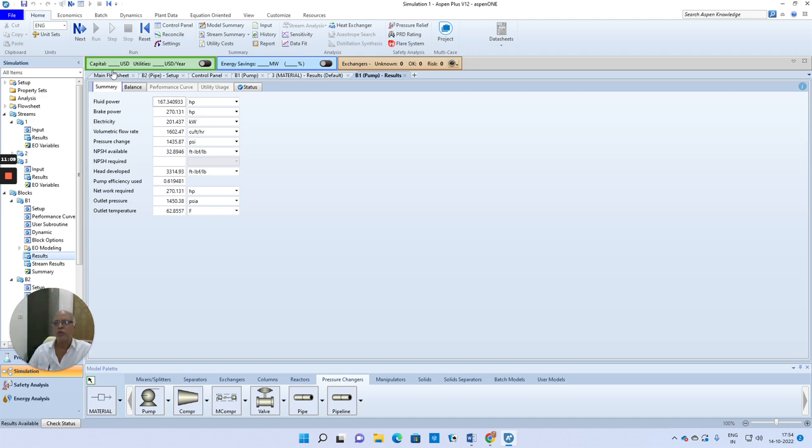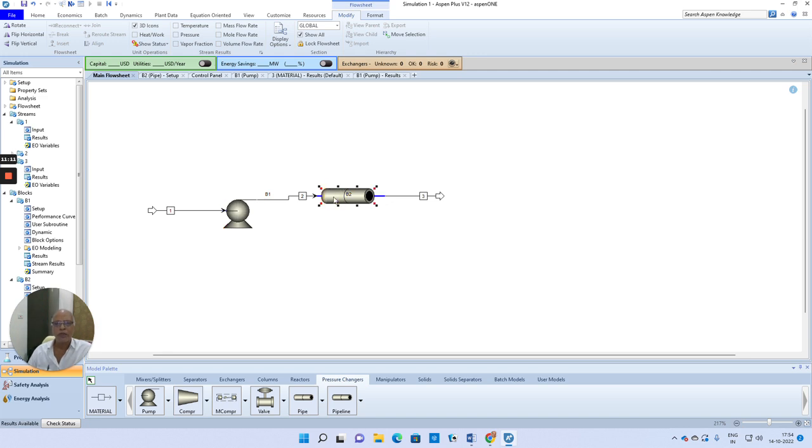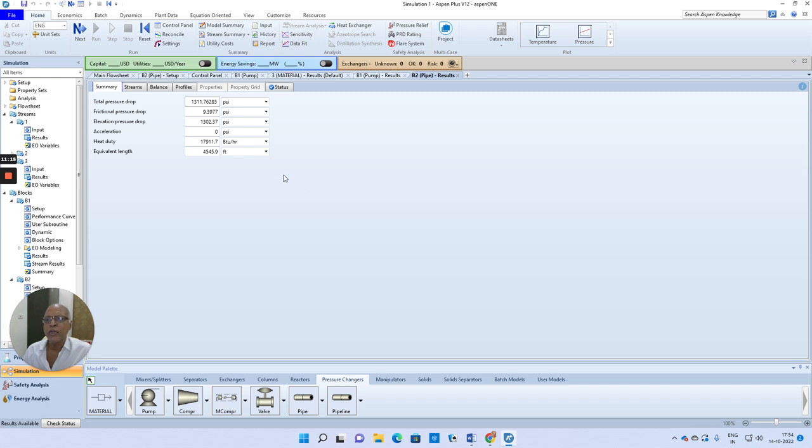And you can also similarly look at the results of this block. Now you can see the total pressure drop is, let me convert this into bar, about 90 bar. So the pump inlet is at 1 bar. Unless it compresses to more than 90, we will not be able to achieve flow across the entire pipeline.